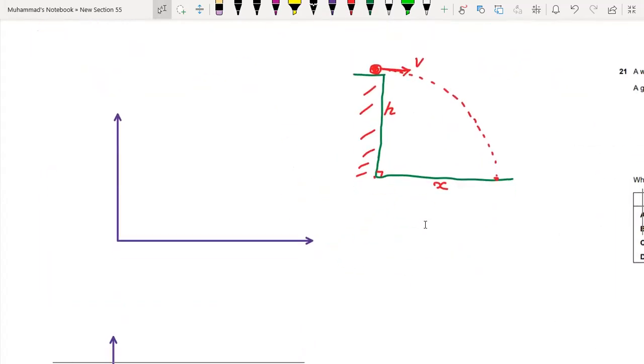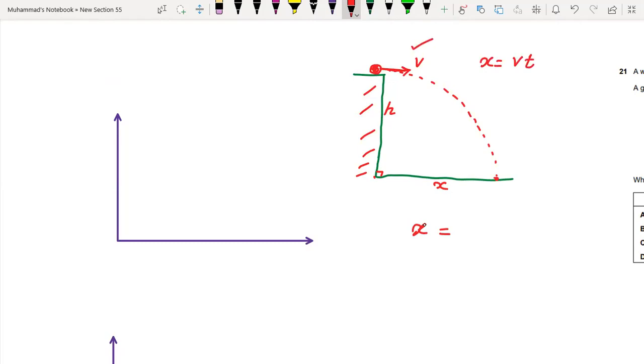I will not enter into the discussion of proving x versus h, but you can easily prove, using projectile motion, that x is, you know that horizontal velocity is constant, so x is v times t.